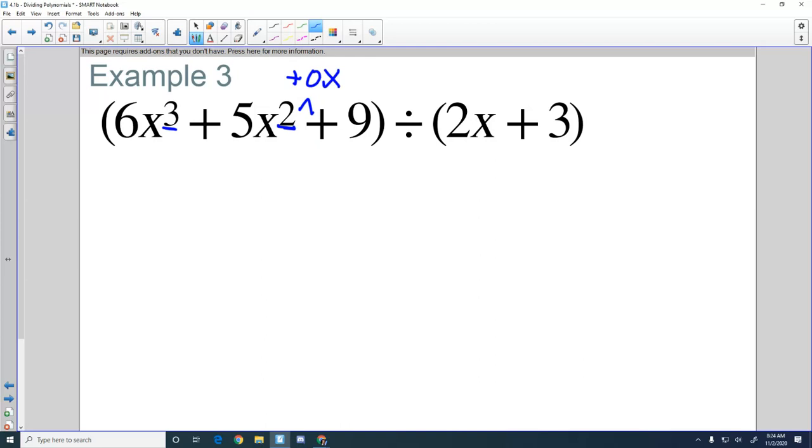Nice. Yeah, what's up? So put that right here, plus 0x. And then afterwards, you'll put the plus 9. Yep, that's exactly right. Now just do the regular long division like we've been doing, okay?